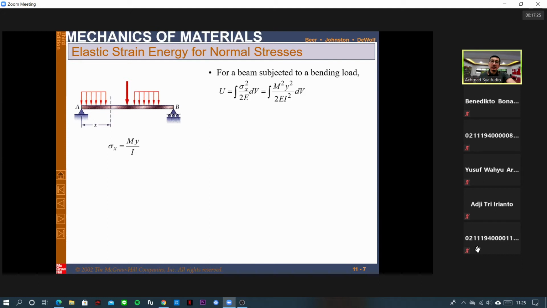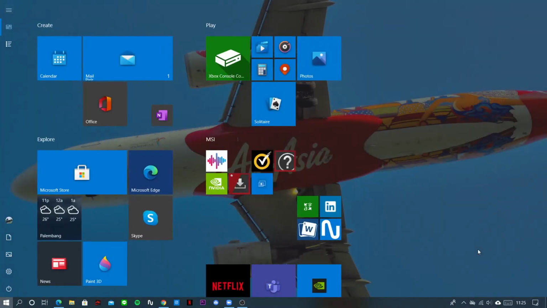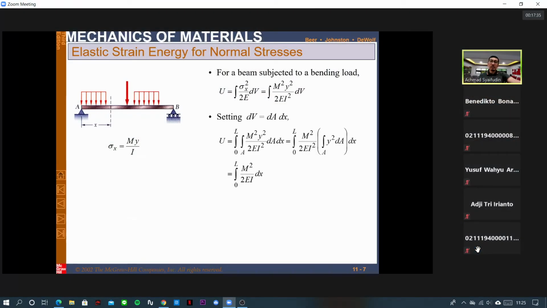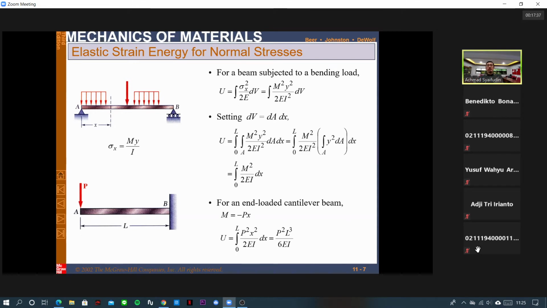The next one is under bending loads. So the total strain energy will be equal to this formulation. You have to do integration over the whole length of the member, and then you can get the formulation for the member.